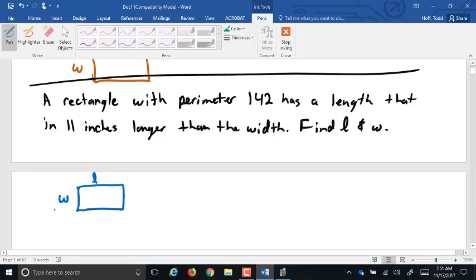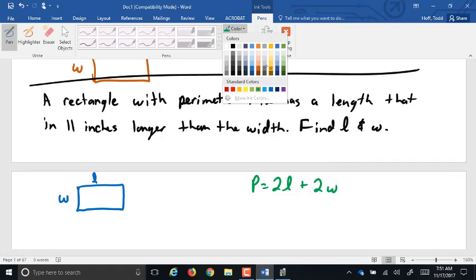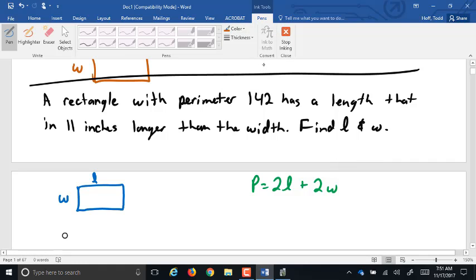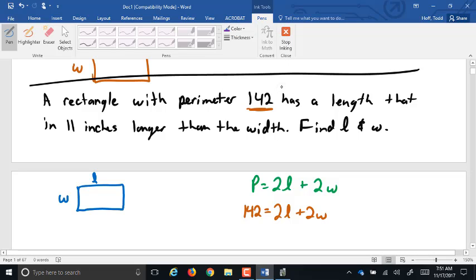So I've got our width and our length, and our perimeter, of course, 2L plus 2W. Right now we've got 3 variables, but we know P is going to be 142. 2L plus 2W. One of those has to go because we cannot have 2 variables in this.